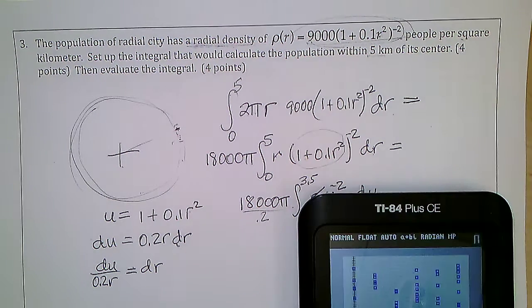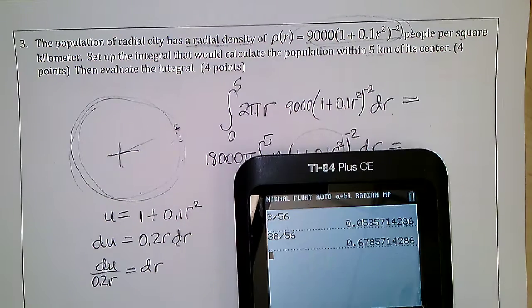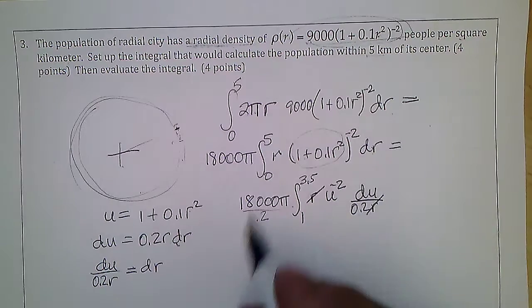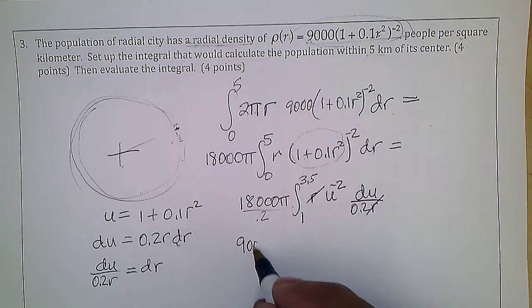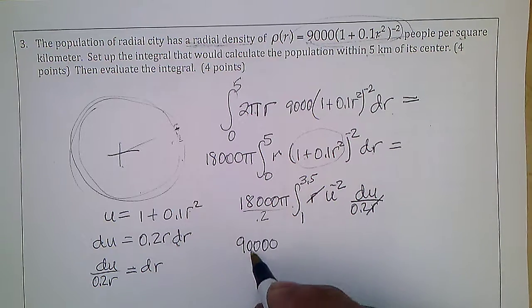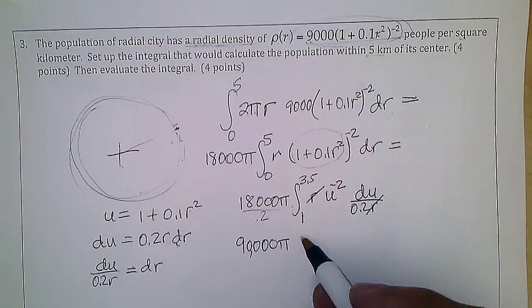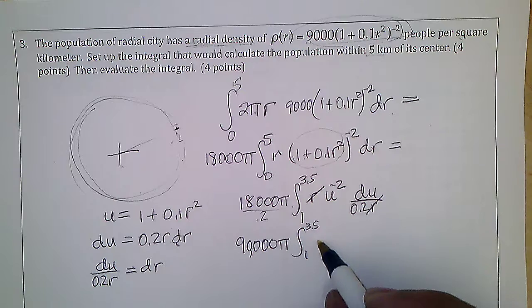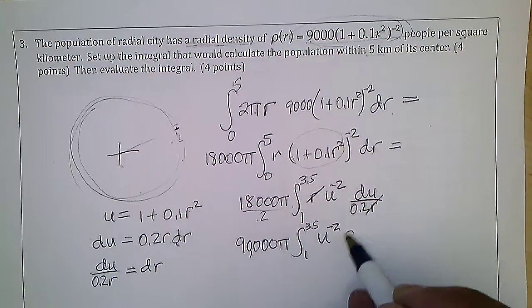So 18,000 divided by 0.2 is 90,000. So we have 90,000 pi integral from 1 to 3.5 of u to the minus 2 du.